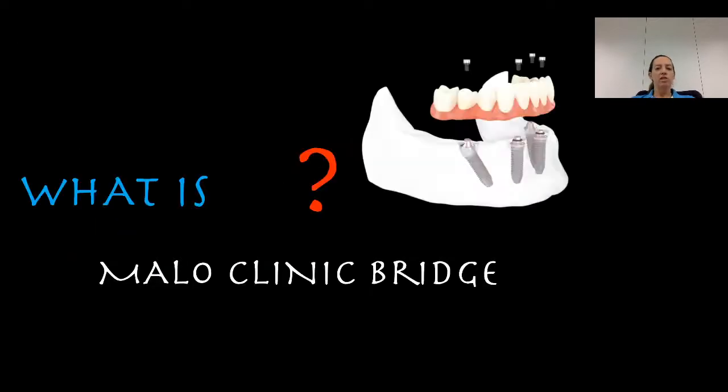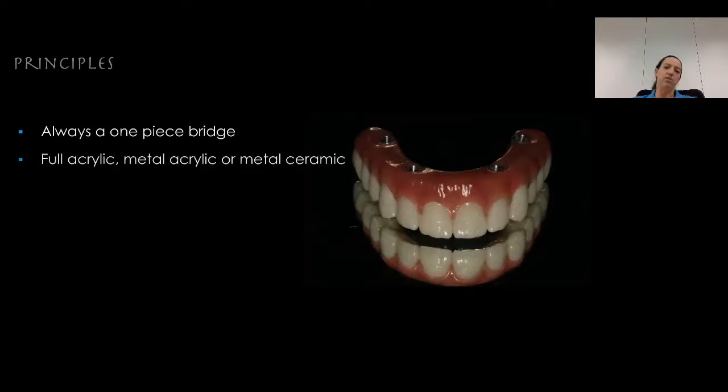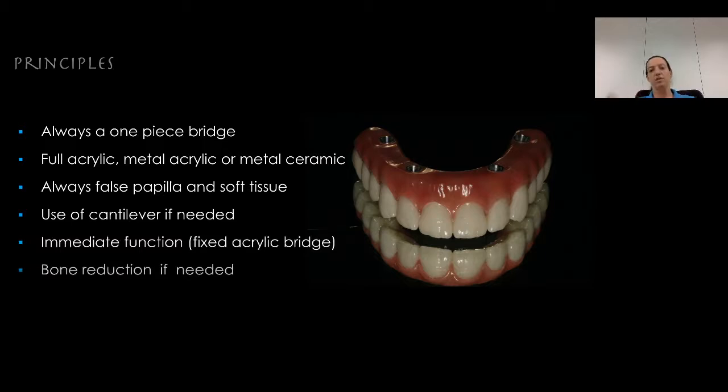So coming to the type of rehabilitation, we have to understand that this type of surgery that we are going to perform is completely guided by our prosthesis. So we need to know what type of prosthesis we are going to provide our patient with. The principle of the Malaclinic bridge is that there is always a one-piece bridge.